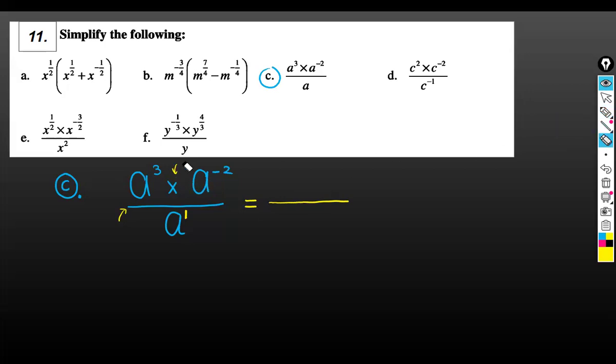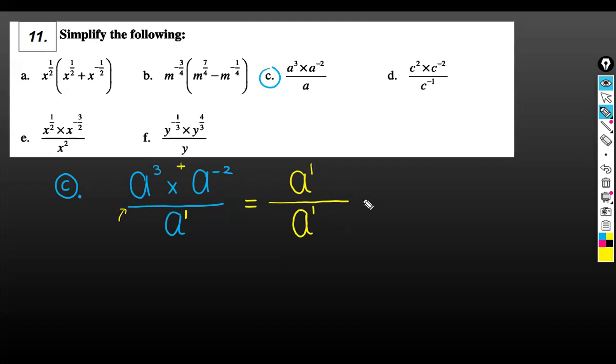Remember, multiply means to do what with the powers? Add. So for the top, we're handling the top separately. The top multiply means to add the powers. So 3 plus minus 2. A plus and a minus is a minus. 3 minus 2 is 1. So it's a to the power 1. So we work out the top first. And then underneath, you have a to the power 1.